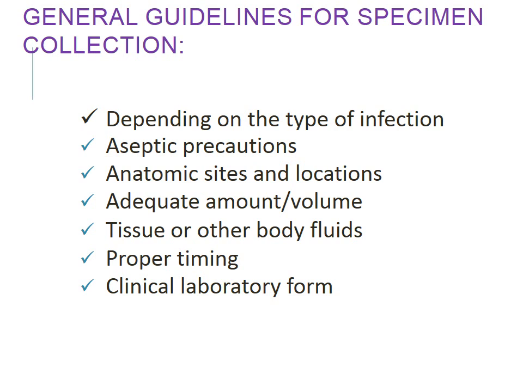The next thing is aseptic precautions. As we are collecting samples for infectious diseases, we have to be very careful to follow aseptic precautions. Next is the anatomic sites and locations, which have to be chosen depending on the type of infection. And then the next important thing is the adequate amount or volume of the sample.